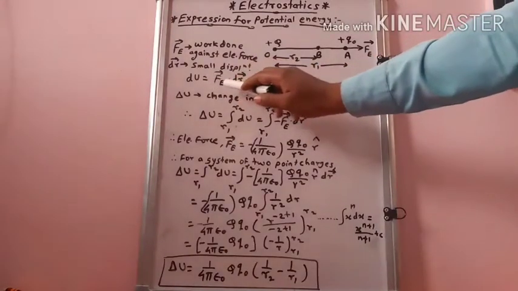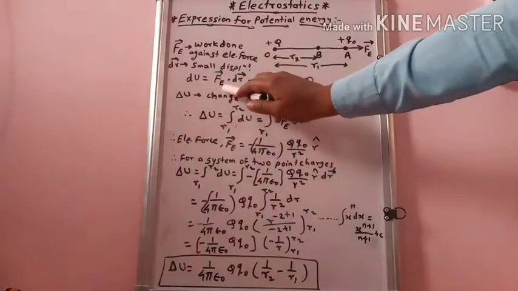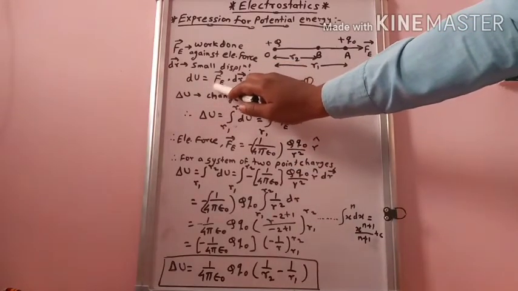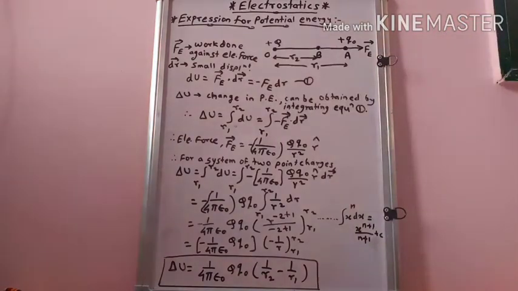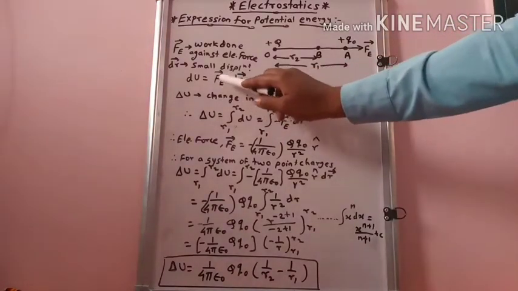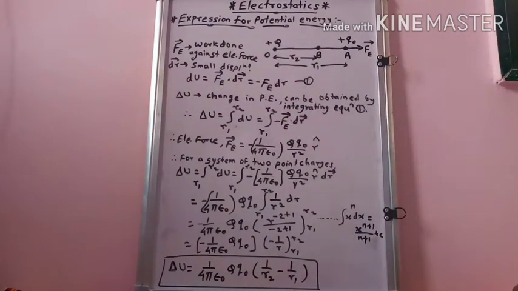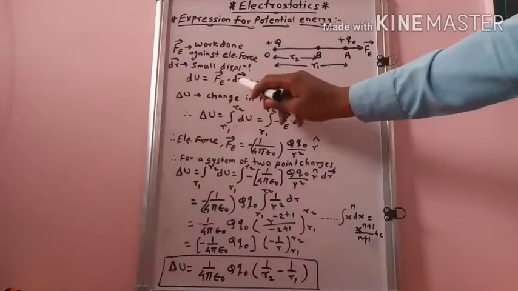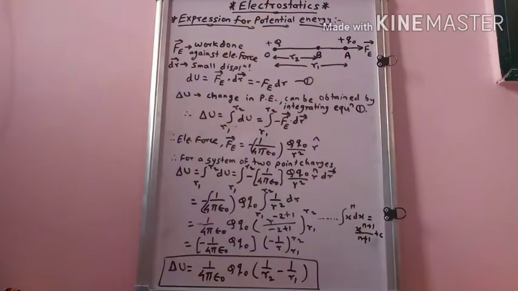Potential energy is equal to the work done. Work done is the product of force and displacement. This Fe vector is the force against the electric field, and dr is the small displacement.